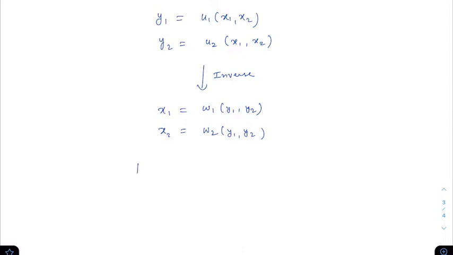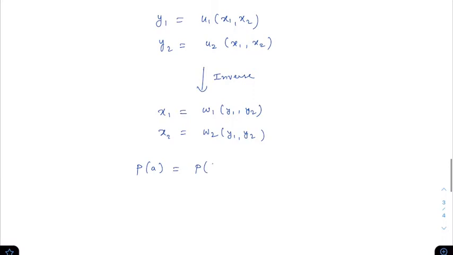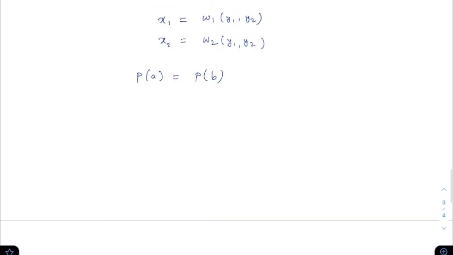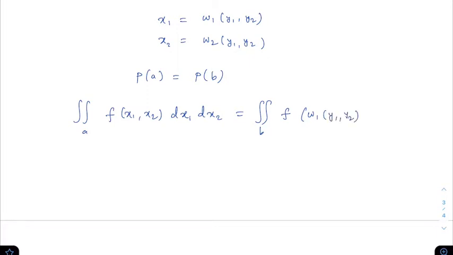Then the equality of the probabilities in the two subsets can be expressed through the equality of these integrals. So the integral over the subset a of the joint PDF can be re-expressed as the integral of the joint PDF with respect to y1 and y2 weighted by the Jacobian of the transformation.